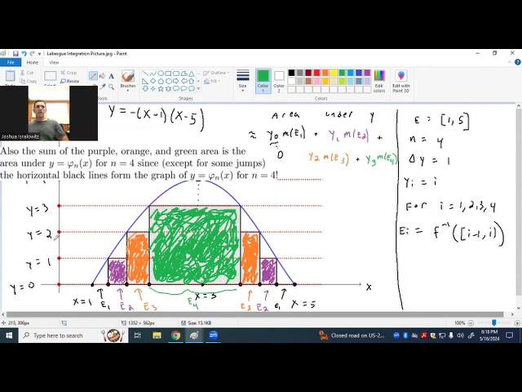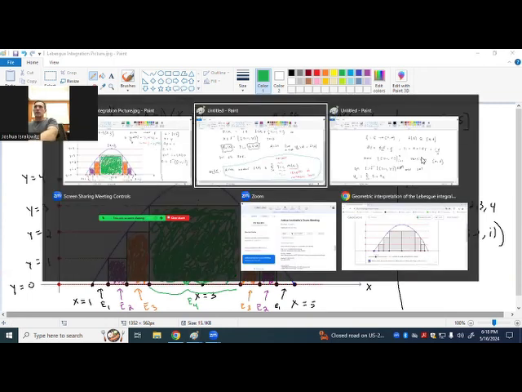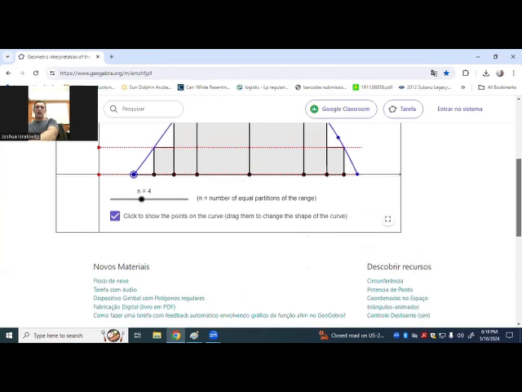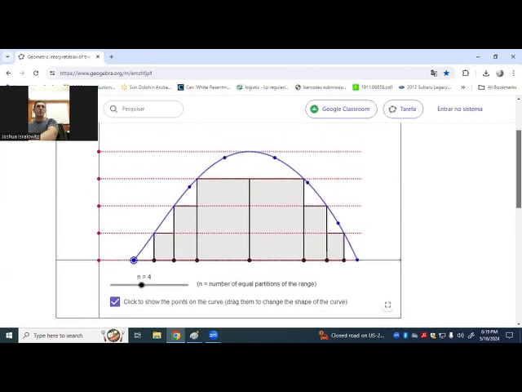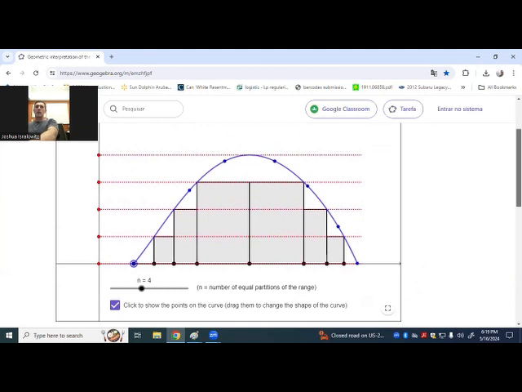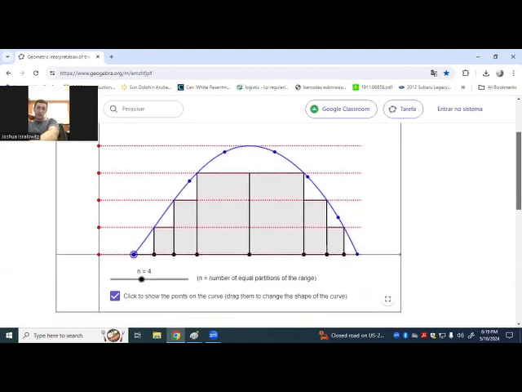Now, just for graphical sake, we only had n equals 4. This is a wonderful app that was made by, I forget the guy's name, but I'll definitely put it in the comments.